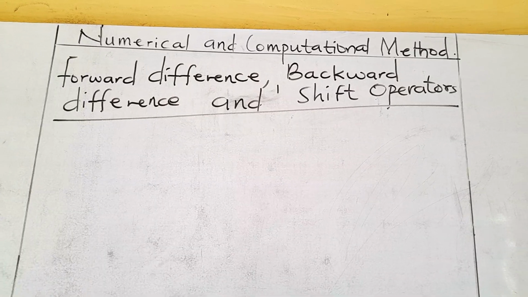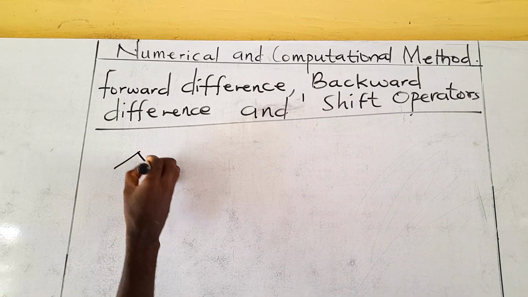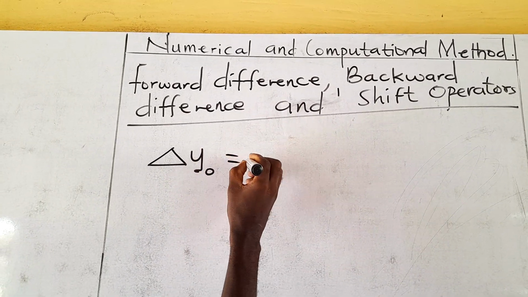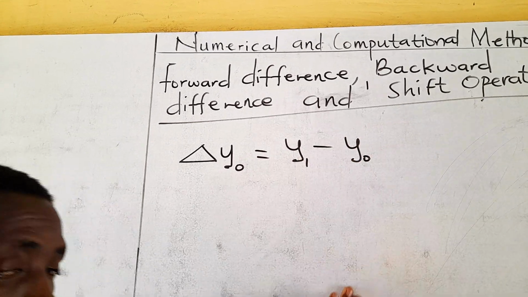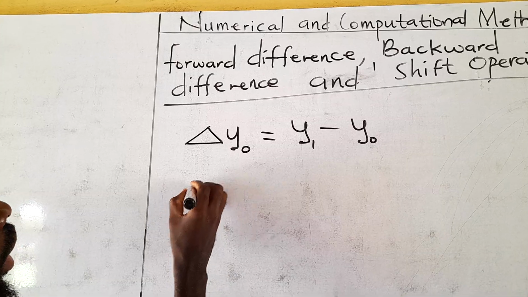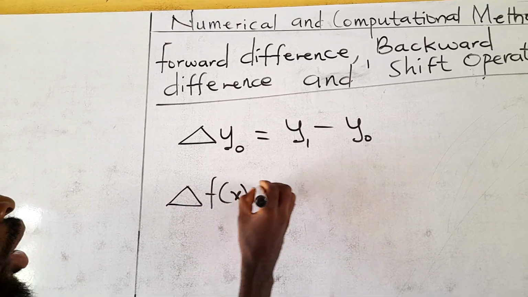Remember when we were doing the forward difference operator, we said delta y naught is equal to y1 minus y naught. So we can say that the delta of a function is equal to the function that is next to it, greater than it, minus the function itself.